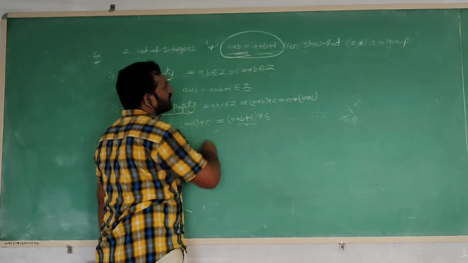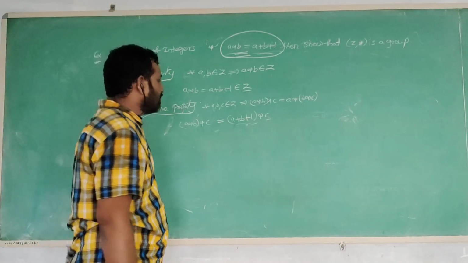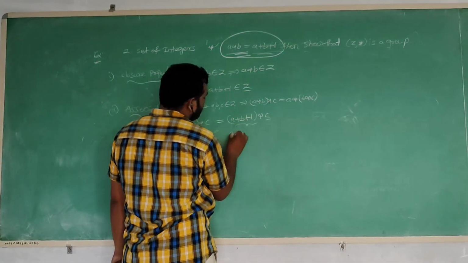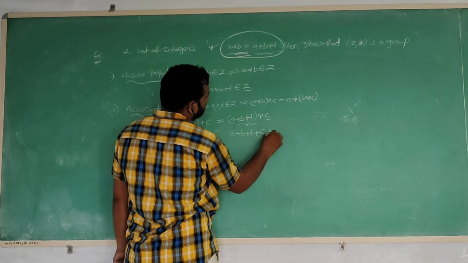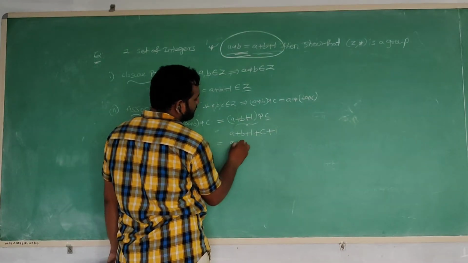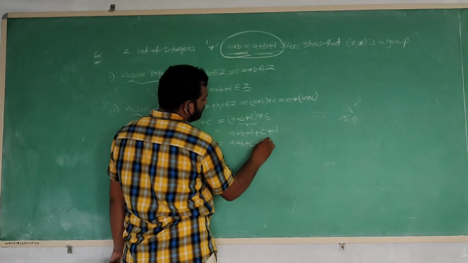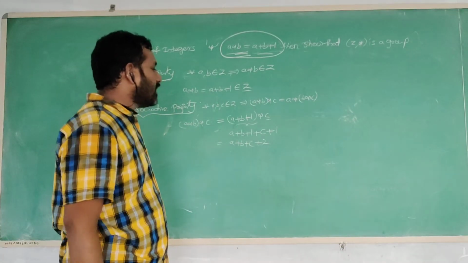The operation star is defined by a + b + 1, so a * b can be written as a + b + 1. Then this is star c. Again applying the definition, I write (a + b + 1) + c + 1. In total this is a + b + c + 1 + 1, that is, a + b + c + 2.